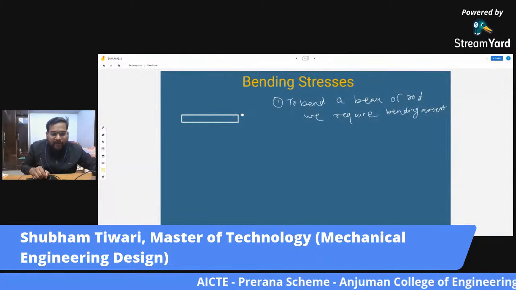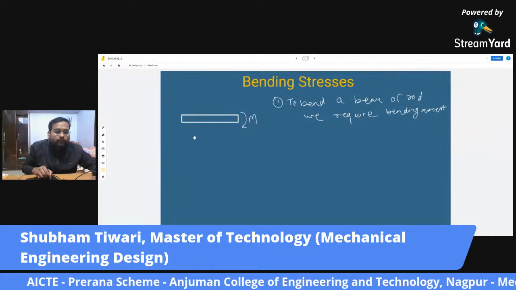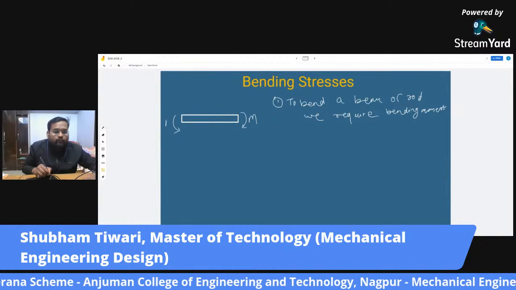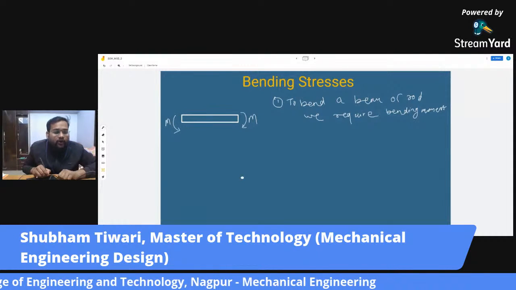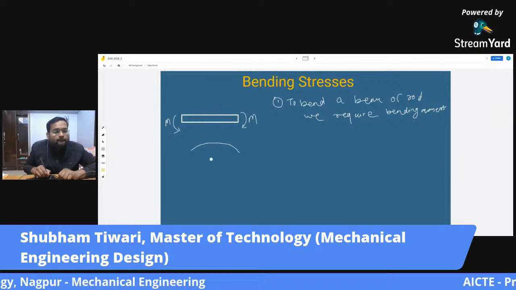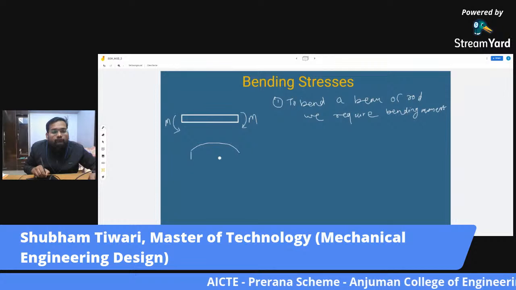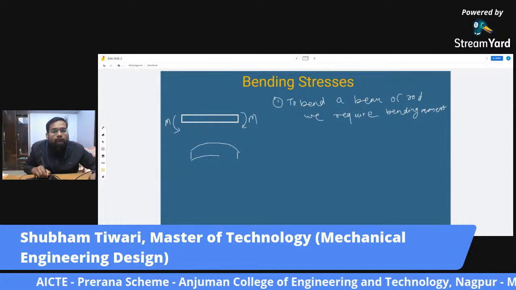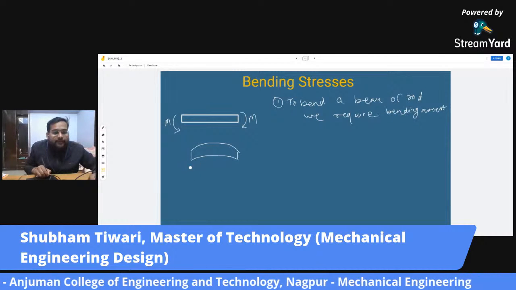So to this bar, let us say I applied a moment M. This is how it will bend. I will draw it here. So this is how the beam is bent.